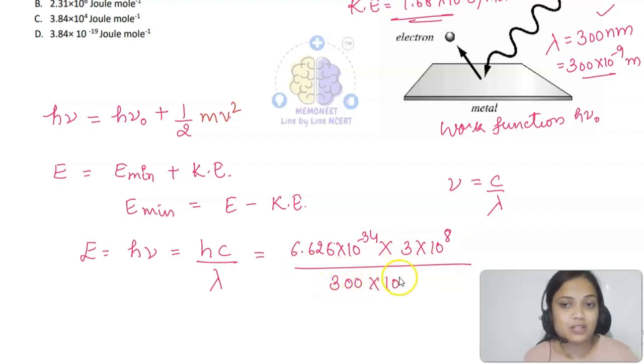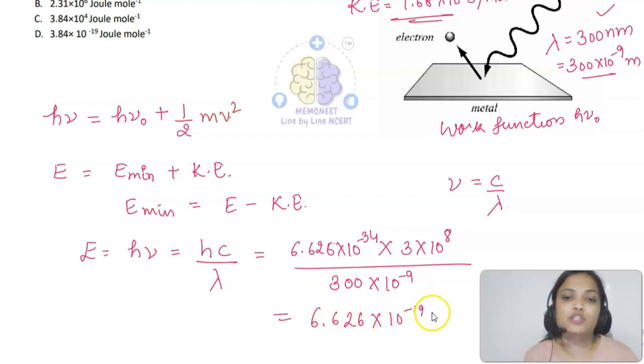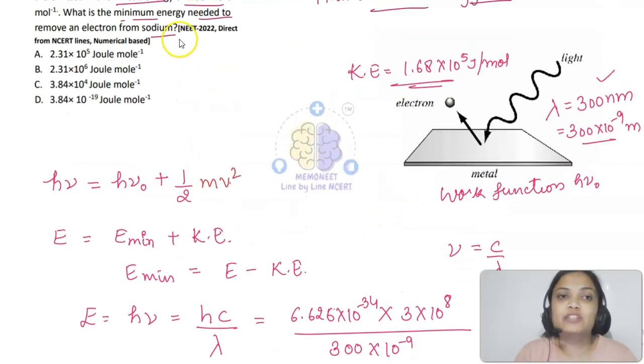So when we calculate it, I will certainly get the value for the energy. Okay, that is the energy of the incident electromagnetic radiation. So it will come out to be 6.626 into 10 to the power minus 19 joule. Okay, now this is the energy that is there. Now the kinetic energy. So I have to calculate the minimum energy to remove one electron.